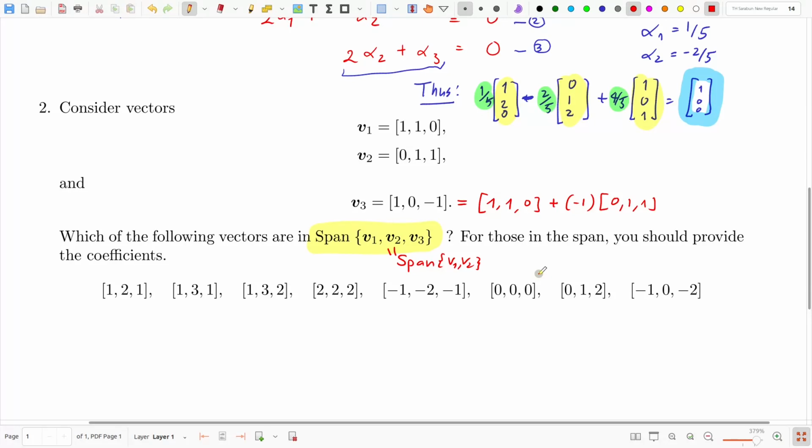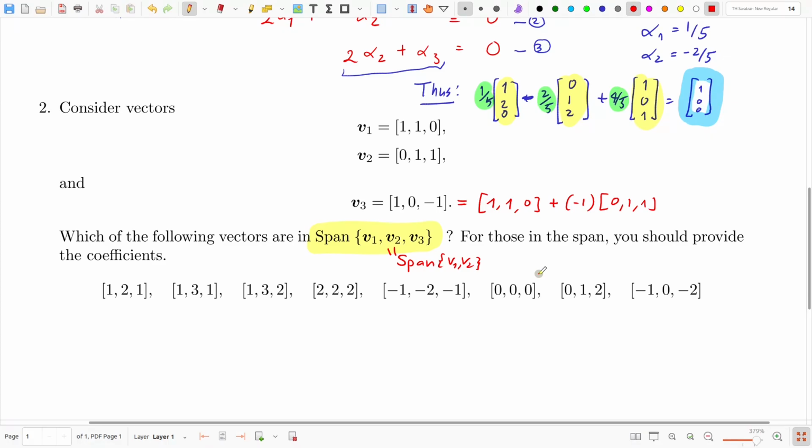Anything that is spanned by v1, v2, v3 is also spanned by v1 and v2, because v3 is just a linear combination of v1 and v2. So to check if all these vectors belong to the span of v1, v2, v3, we only need to check if they belong to the span of v1 and v2.